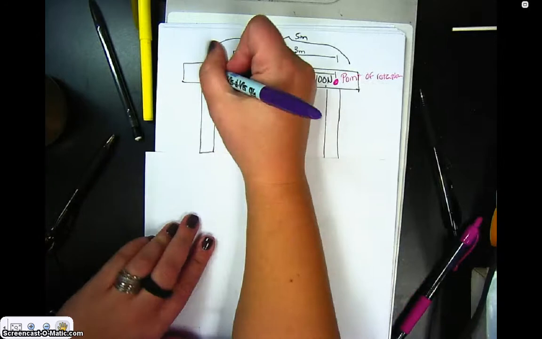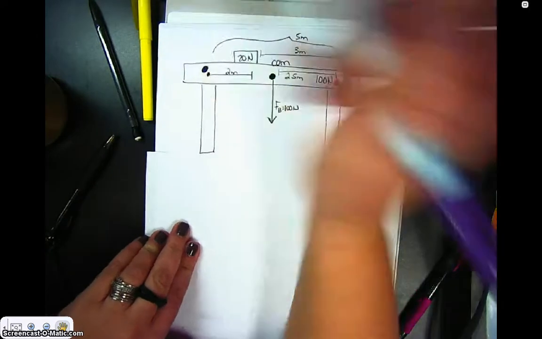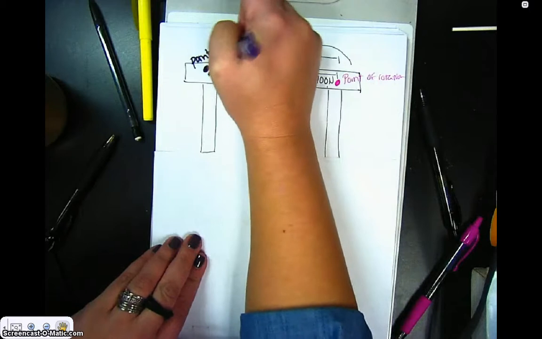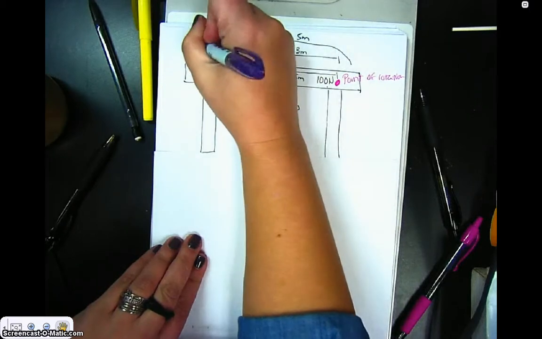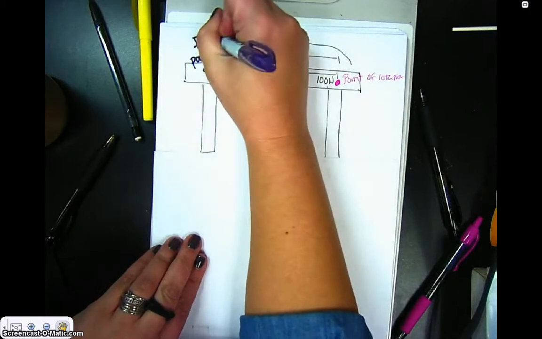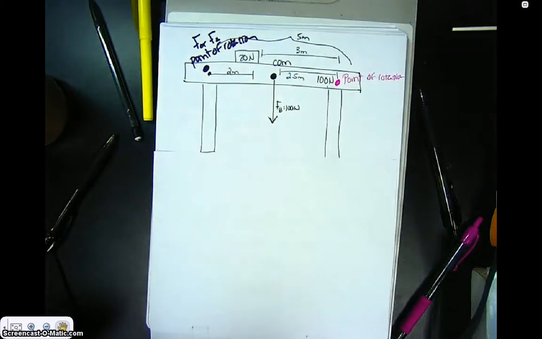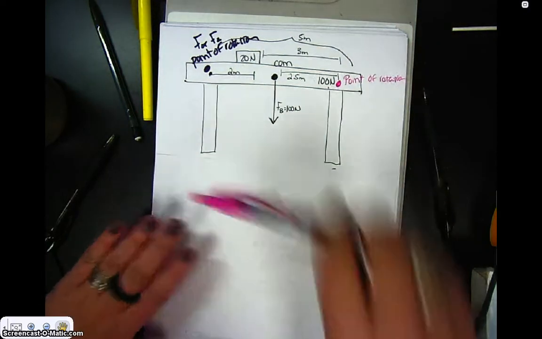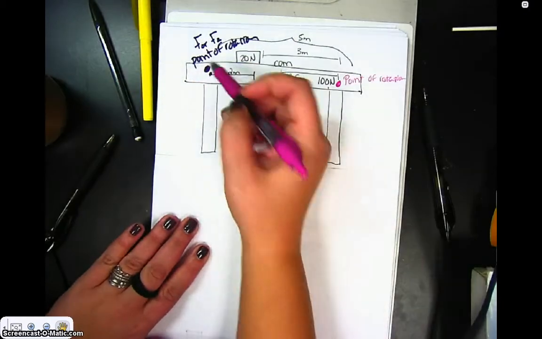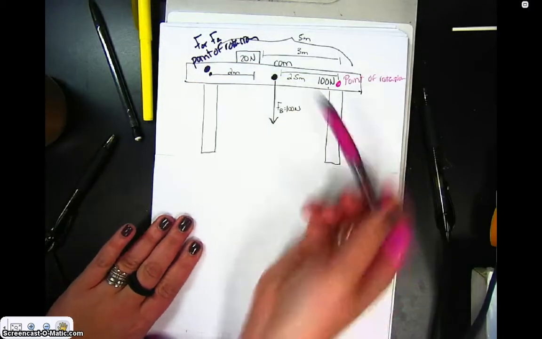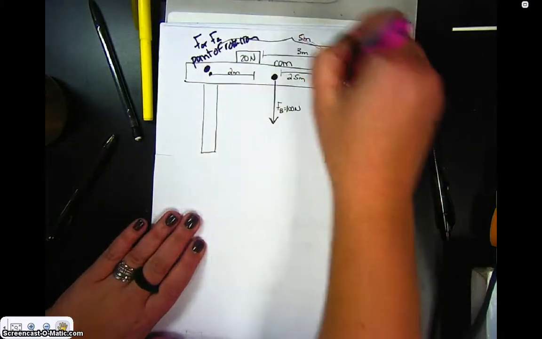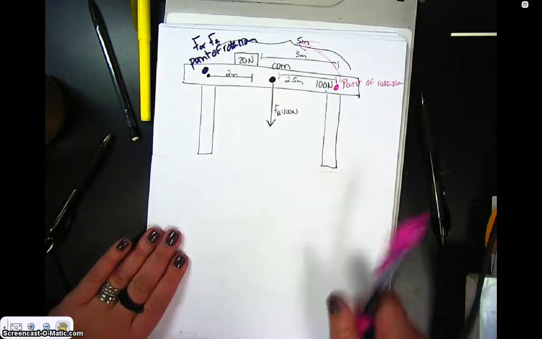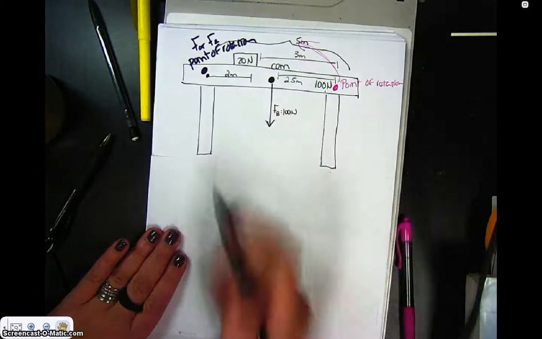So my new point of rotation for force 2 will be there. We know that all of the forces that are pushing down around this point of rotation must be equal to the upward force or torque in that direction in order to keep it from rotating.